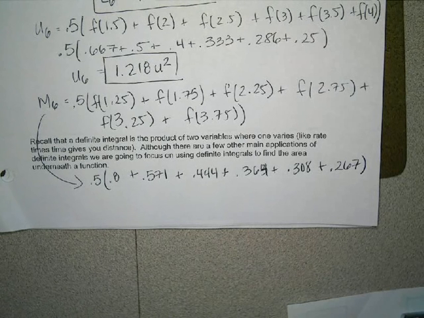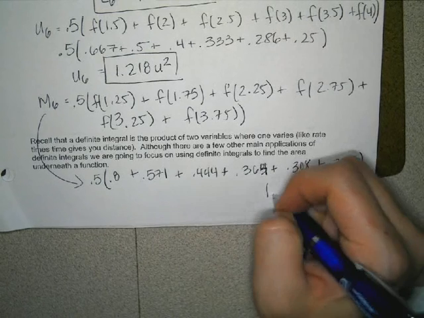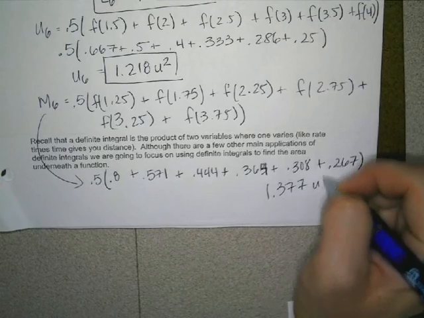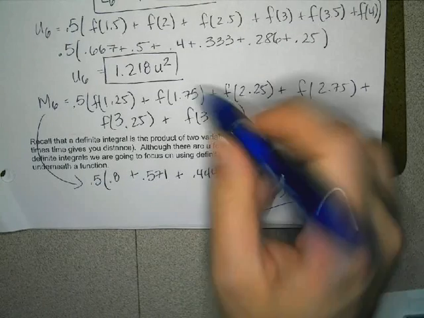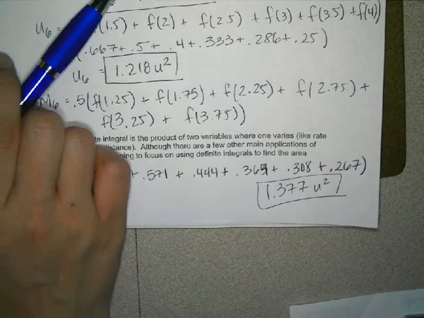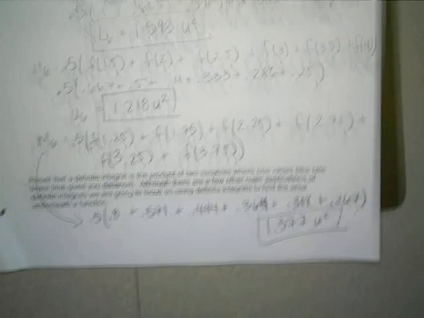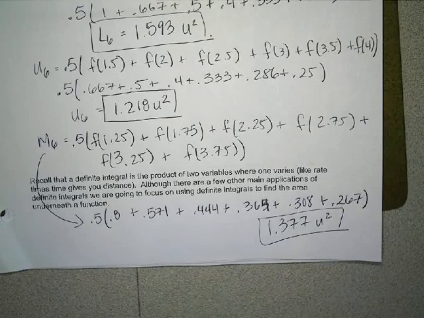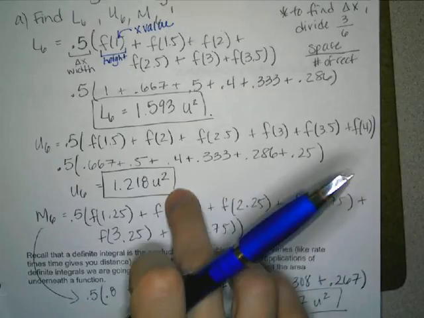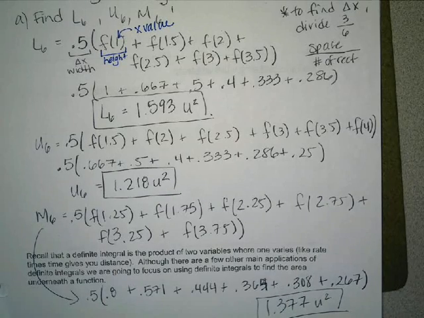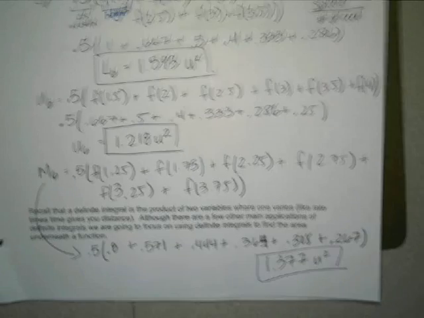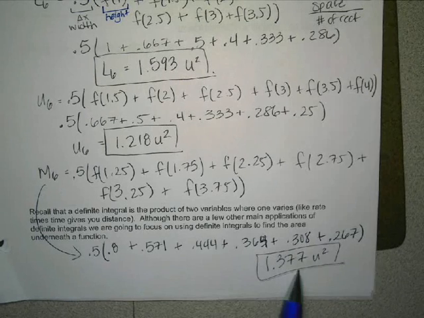Taylor? 1.377? Good. Units squared. So all of these should be close, right? And you can see that the midpoint value is in the middle of the other two, which is going to happen most of the time. And out of all three, this is probably the best estimate.